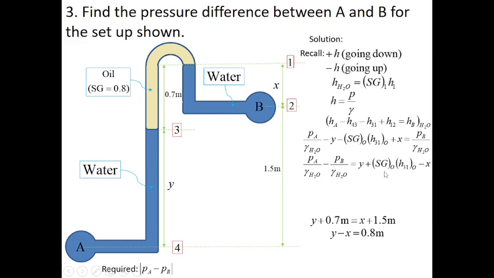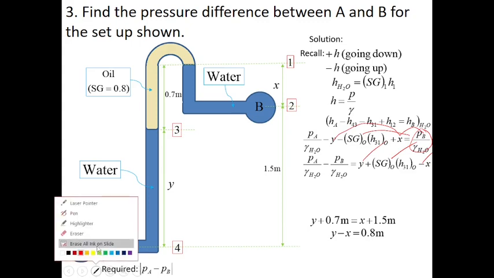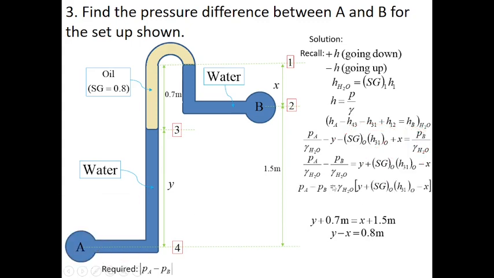So this will now be the equation. Let's rearrange. Since our target is PA minus PB, we transpose Y, this, and that. Then multiply both sides by the specific weight of water.